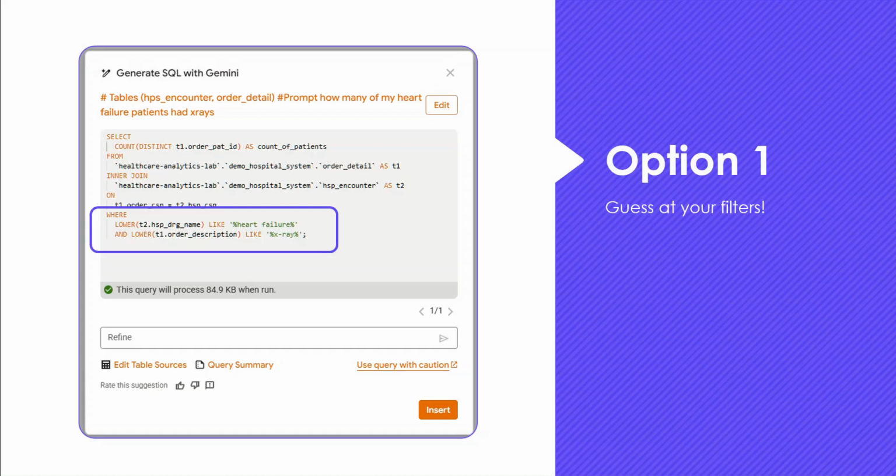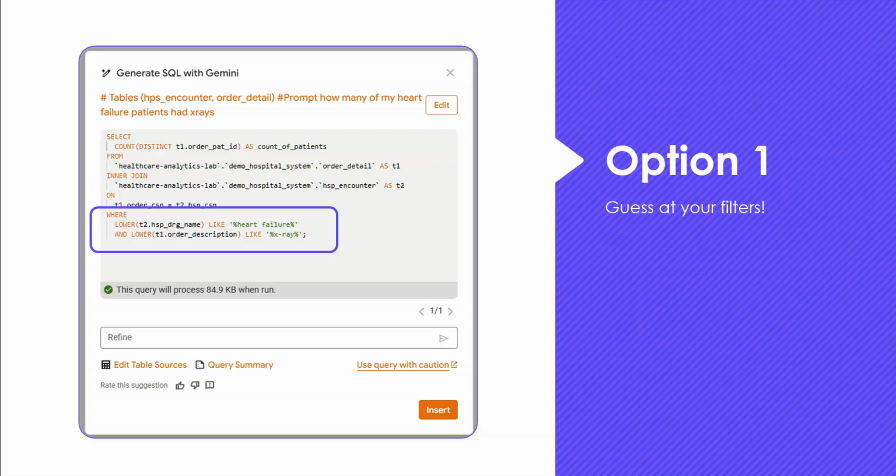Option one, you can write something like I have here, where I tell it the tables and I give it a prompt to say how many of my heart failure patients had x-rays, and let it guess at what the filter might be. So this is an example of a prompt I put in, and it assumed, oh, he said heart failure, that must be how it looks in the data set. He said x-ray, that must be what it looks like in the data set.